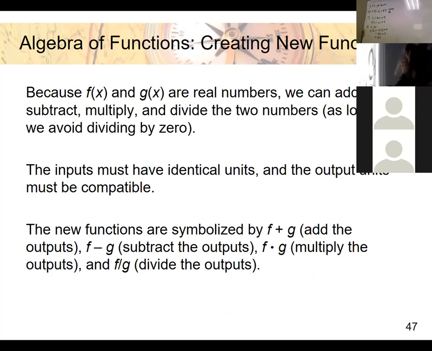Now, because f of x and g of x are real numbers, we can add or subtract, multiply or divide two numbers, as long as we avoid dividing by zero, because dividing by zero is undefined. So here, these are the new functions that we can symbolize: f plus g, f minus g, f times g, and f divided by g.